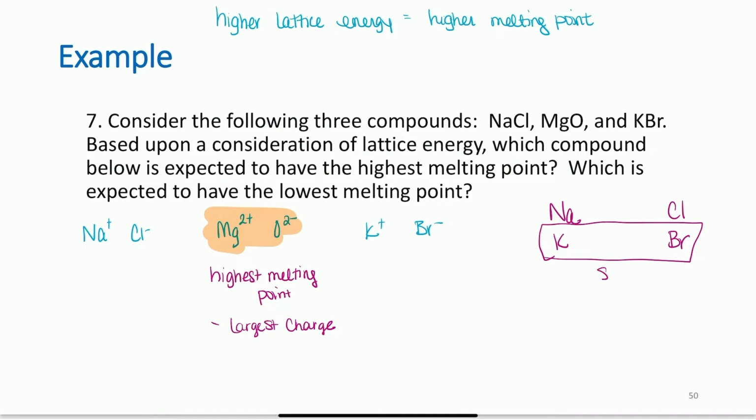These are larger, larger ions, which means smaller lattice energy, which means lower melting point. So this will have the lowest melting point.